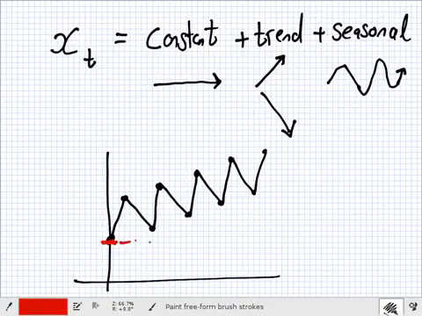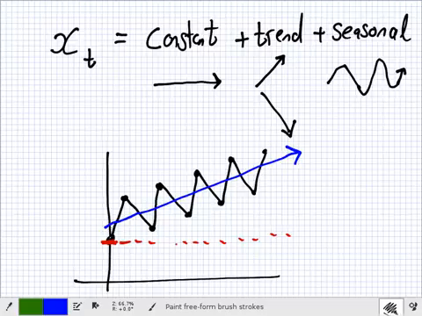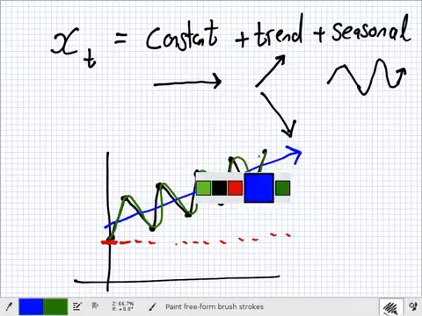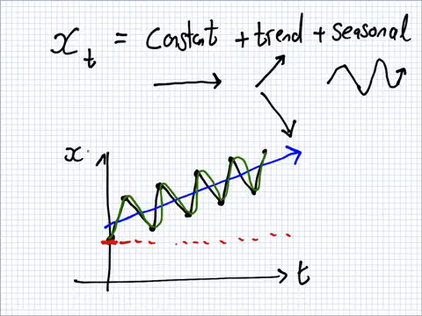So this is like the constant. There's a trend. This is the trend. And then in green, there's a seasonal part. So down, up, down, up, down, up, down, up, down, up, like this. Can you see that, Jeff?